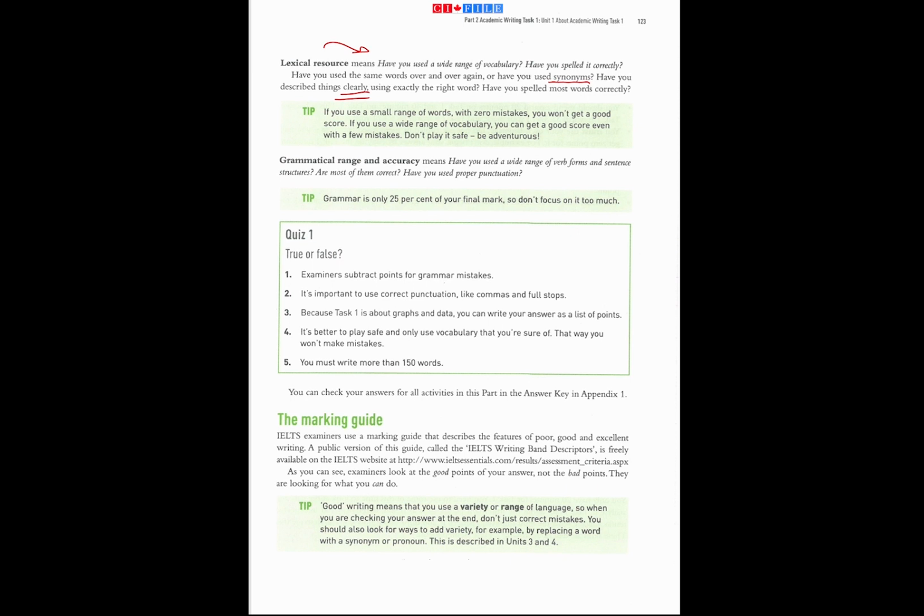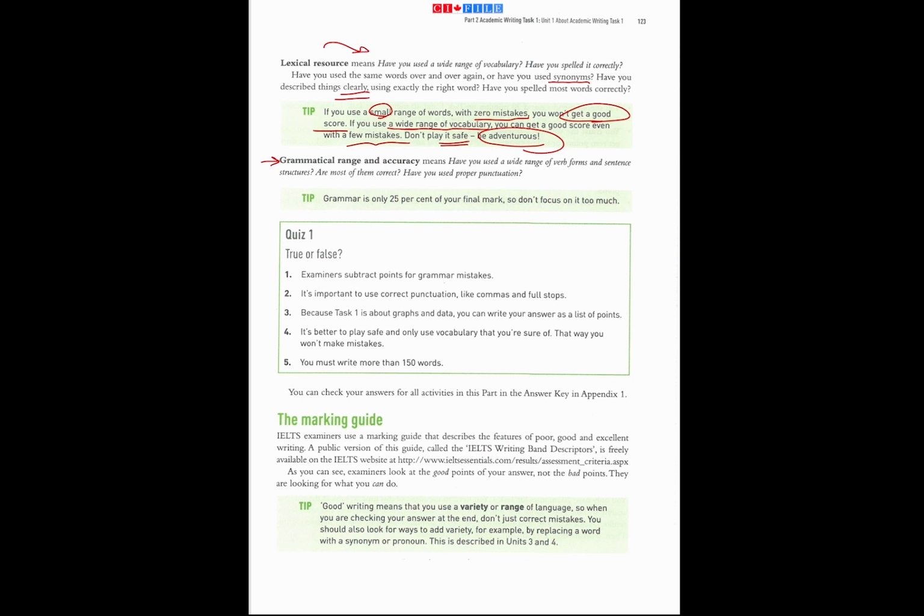Have you spelled most words correctly? If you use a small range of words with no mistakes, you won't get a good score. If you use a wide range of vocabulary, you can get a good score even with a few mistakes. Don't play it safe. Be adventurous.